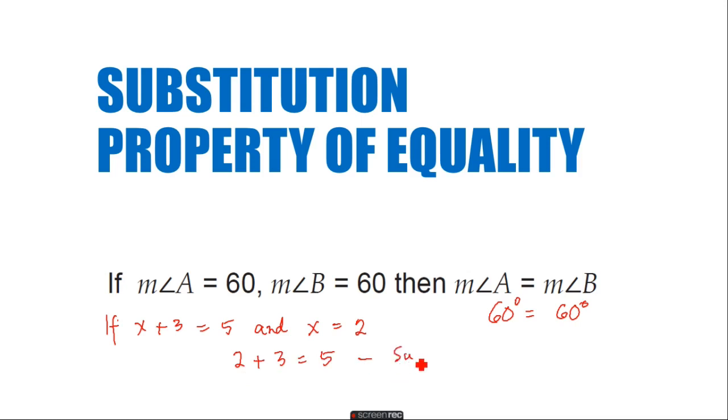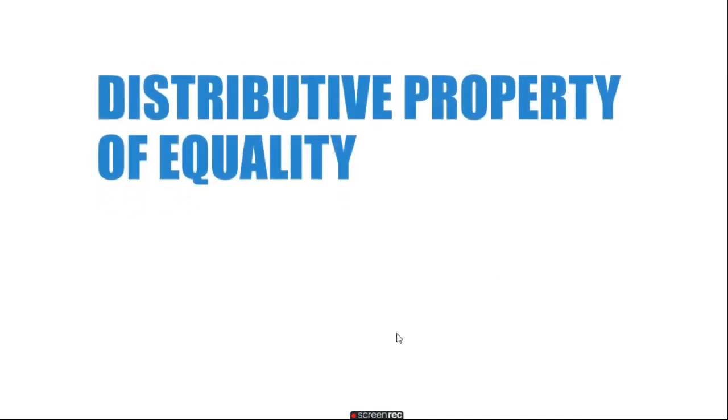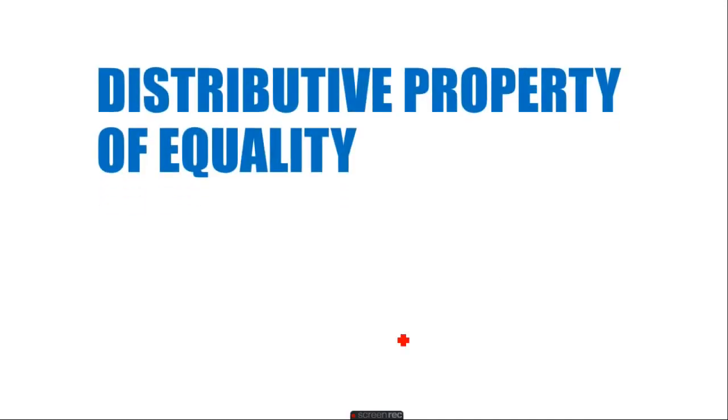This is the use of the substitution property. Later, when we have the examples, you are going to see that the numbers are being substituted. When you see that, instantly you will think that is the substitution property of equality.